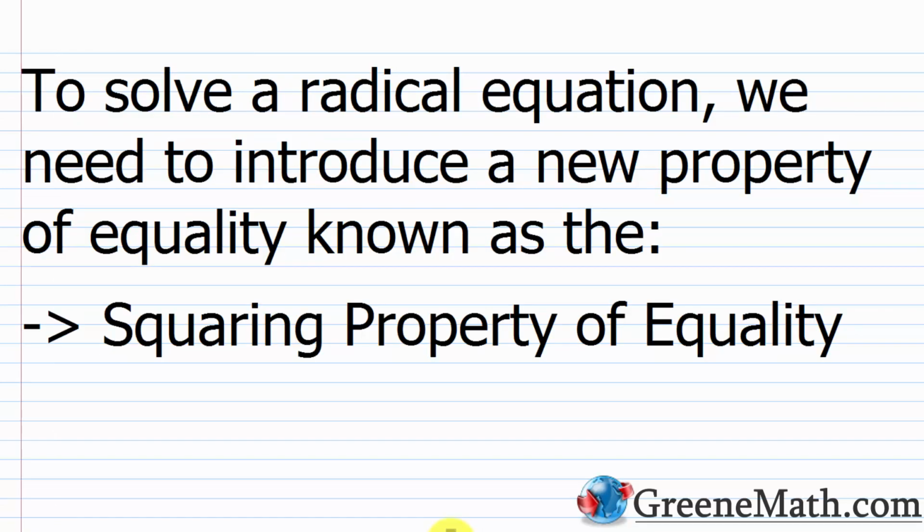In order to solve a radical equation, we need to introduce a new property of equality known as the squaring property of equality. We've also learned the addition property of equality and the multiplication property of equality, so this is just another tool in our chest to solve equations moving forward.